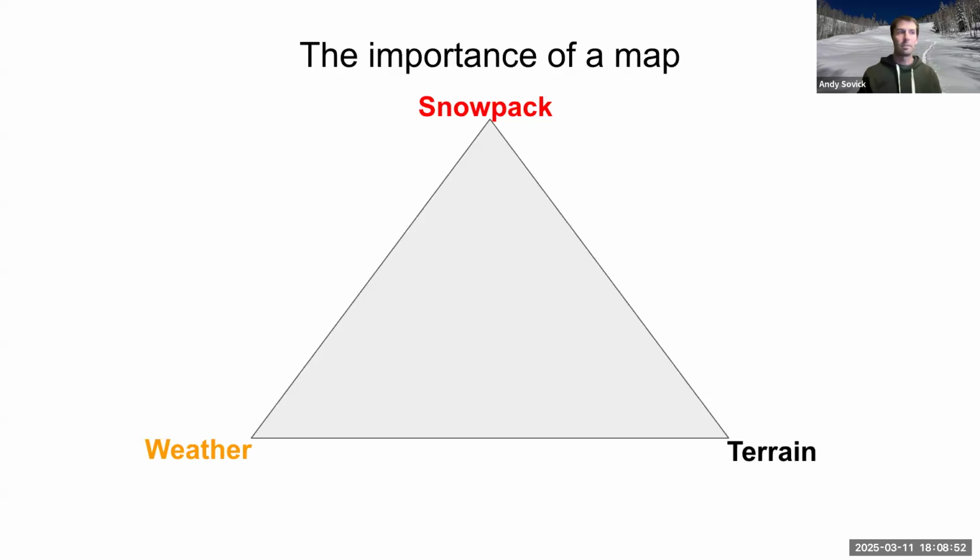The point of a map in this case is to understand avalanche terrain, which in this slide is one of the three big pillars of what makes an avalanche. So there's these three main factors, the weather and the snowpack. These are things that are brought to us so much better than they were a couple decades ago. Weather technology, satellites, and forecasting has gotten extremely sophisticated, and it is really helping us make better decisions.